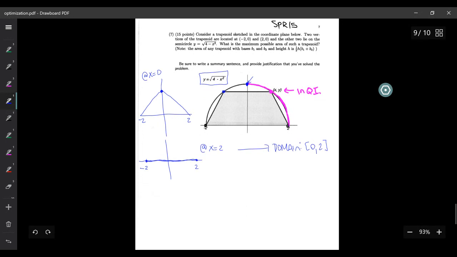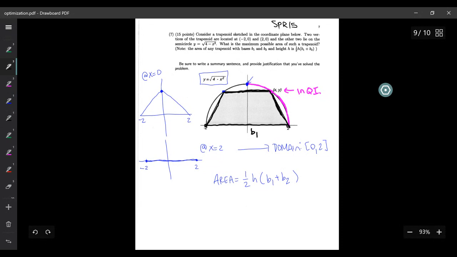All right, so we are maximizing area of the trapezoid, 1/2 h (b1 plus b2). So using this arbitrary looking diagram here, if x is somewhere between 0 and 2, we're going to have this diagram.